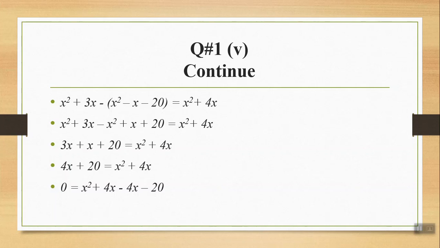First value is x square as it is plus 4x as it is, and plus 4x here on the left side. When we shift this plus 4x to the right side, it will become minus 4x, and here plus 20, when shifted to the right side, it will become minus 20. As you can see that plus 4x and minus 4x, again same values with opposite sign, will be cancelled out, and the remaining result is x square minus 20 as it is, and equals 0.